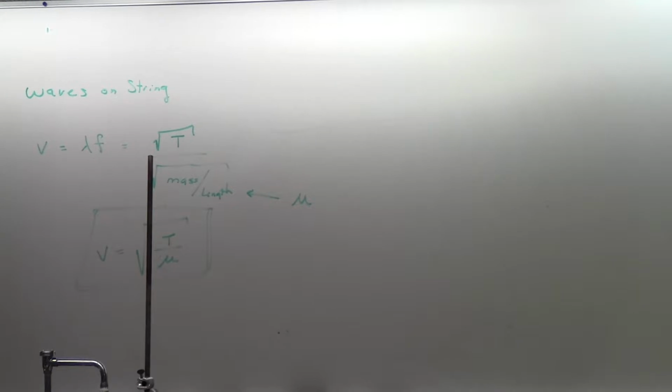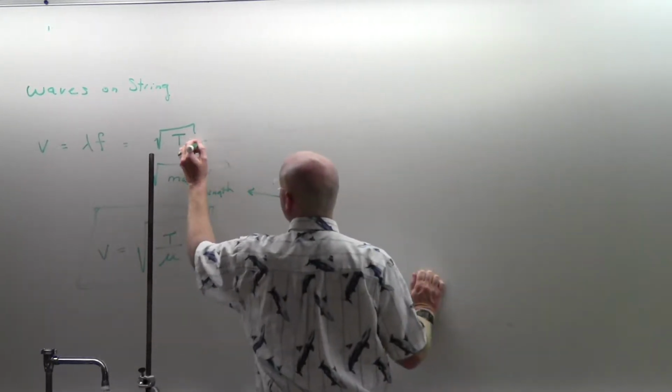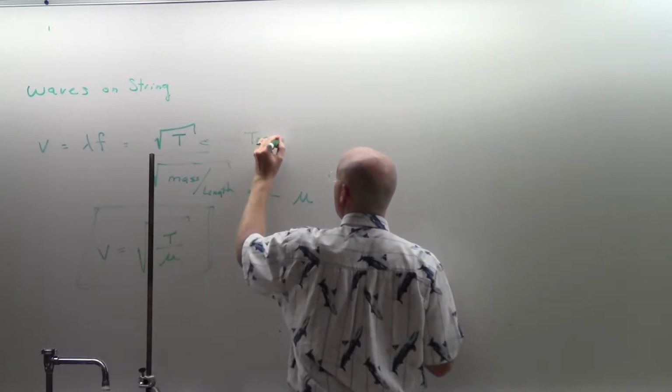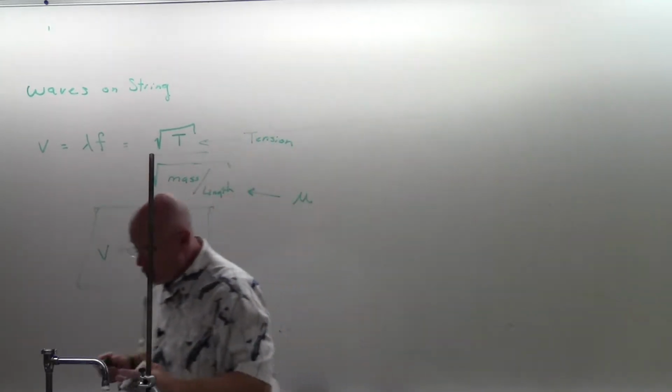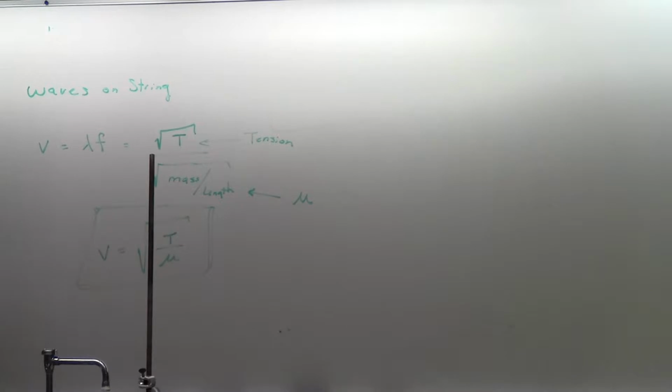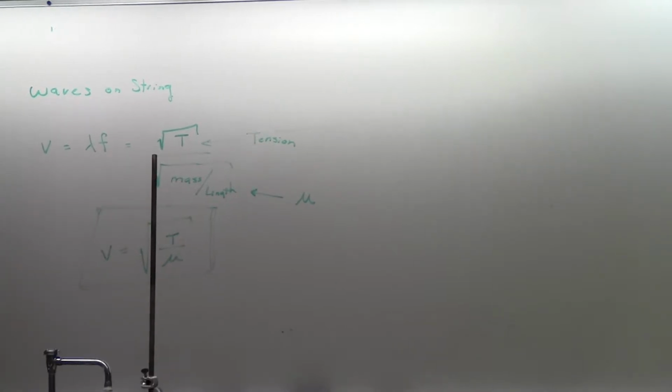I just want to talk about these factors and their effect. One of them is the tension. How much are you pulling on the string? It makes sense that the more tension, the faster it should be, I trust.